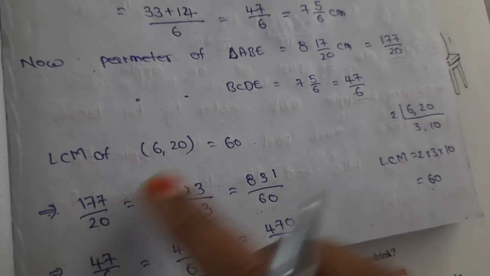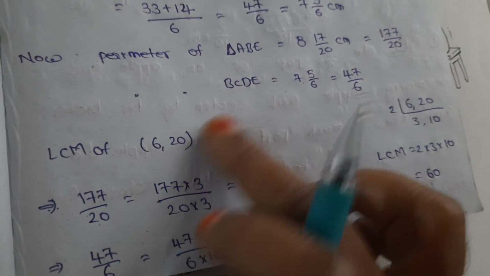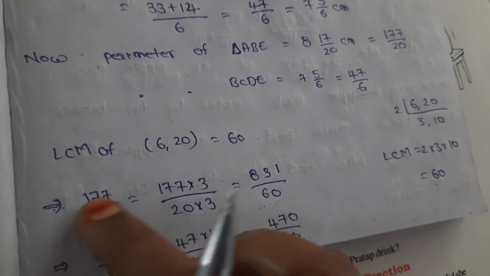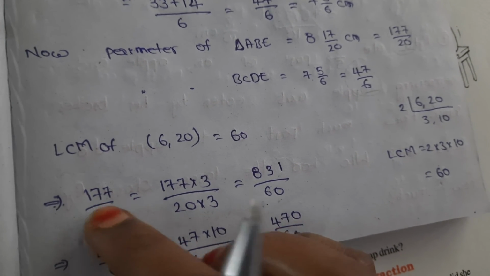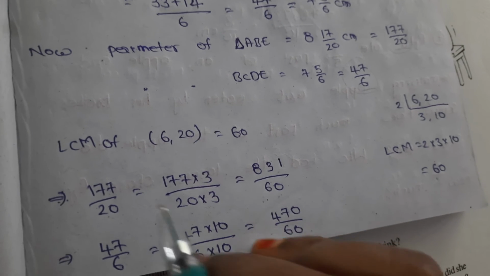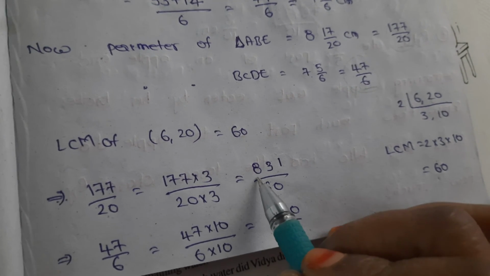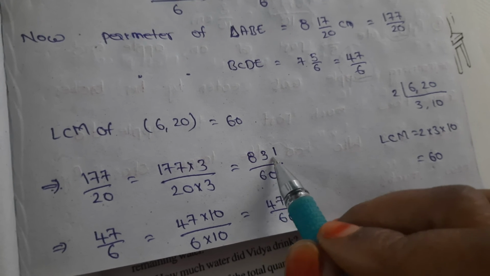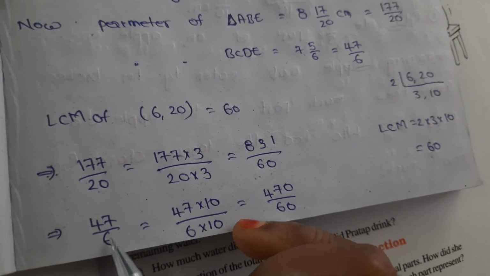Next, convert the given fractions into like fractions with the denominator 60. Here, to convert these denominators to 60, we should multiply the denominator with which number? 3. So we simply multiply numerator and denominator with 3. We get 531 by 60. Similarly, convert the second fraction also, 47 by 6.